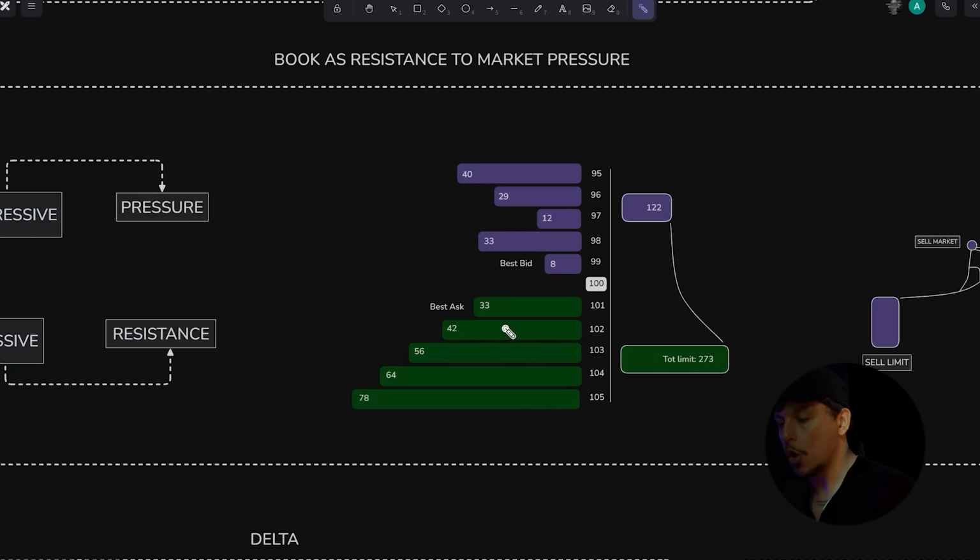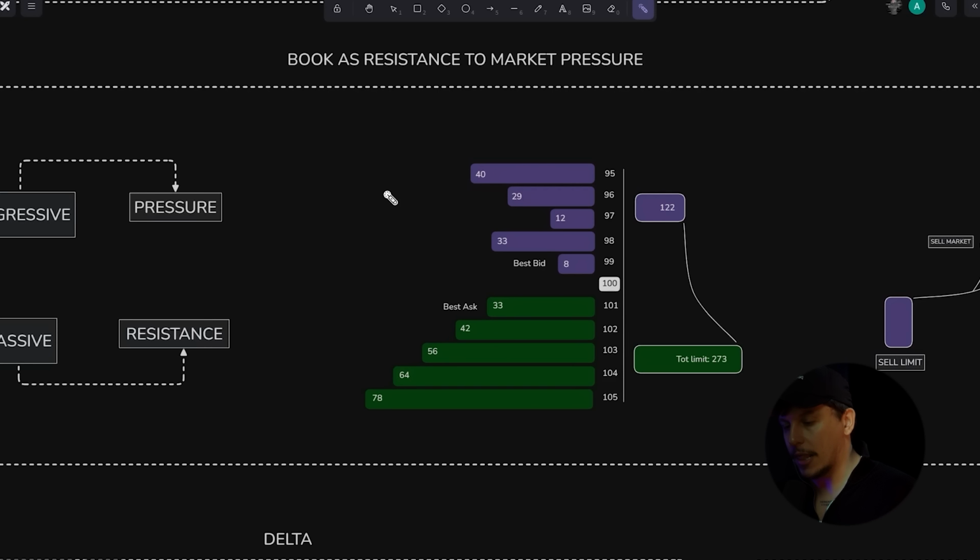this part, okay? Which part do you think will be more difficult to pierce from the side of aggressive market participants? Of course, this one is the easier side to pierce. This one is the more difficult. Why? Because this one holds more resistance from passive market participants.